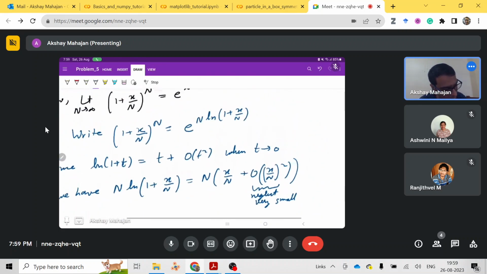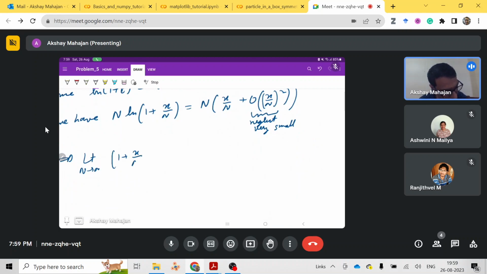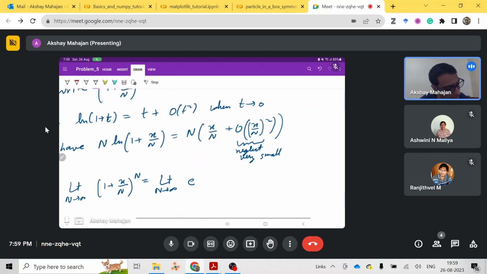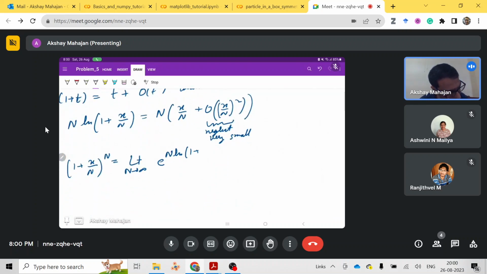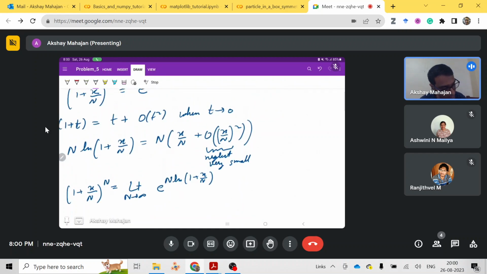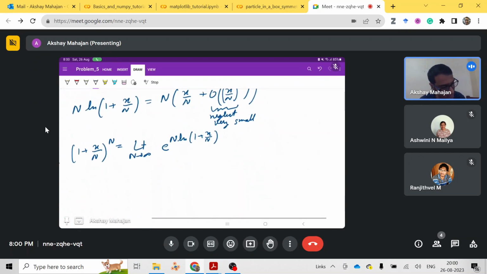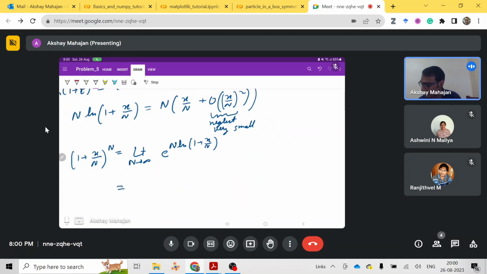We write this thing as e to the power n ln of 1 plus x by n, and then this n ln of this thing could be written as n times x by n.